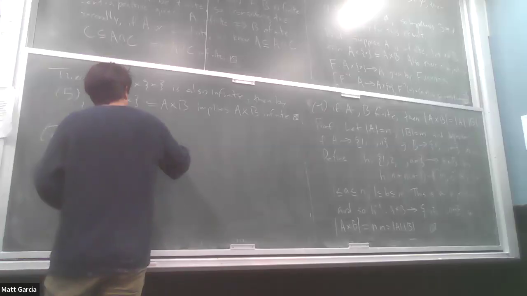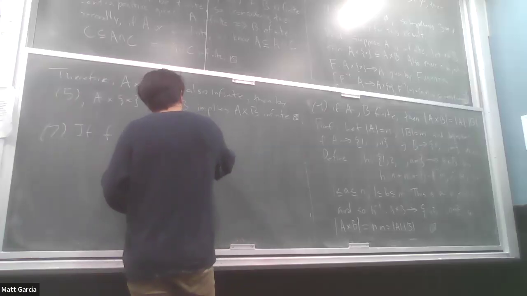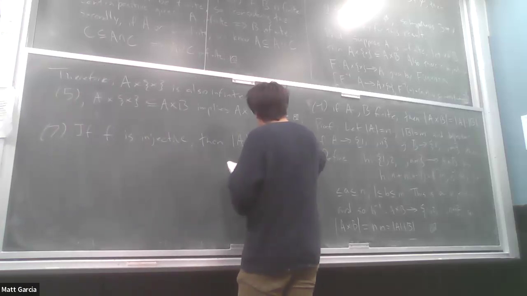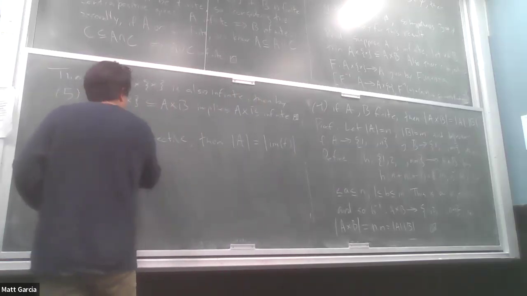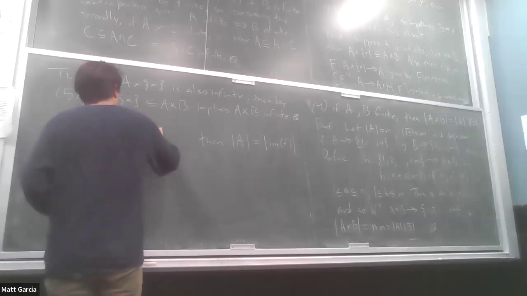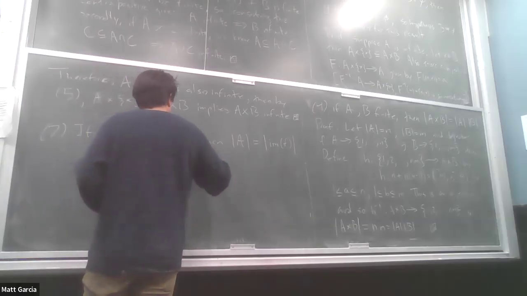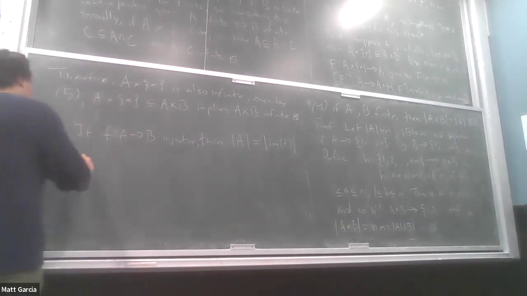If F is injective, then the cardinality of A is equal to the cardinality of the image of F. Oh, sorry, I should say F going from A to B, to tell you what the domain and codomain are. If F is injective, then the cardinality of A is equal to the cardinality of the image of A. What again was the image?